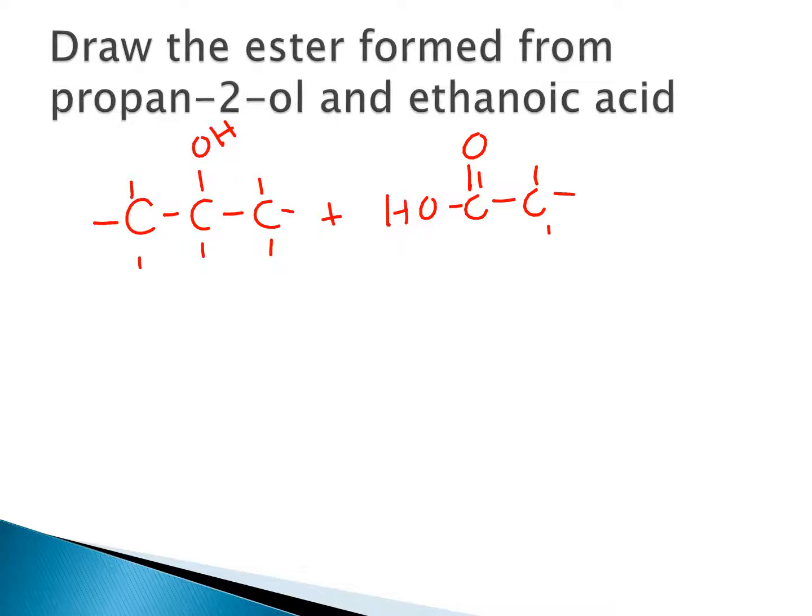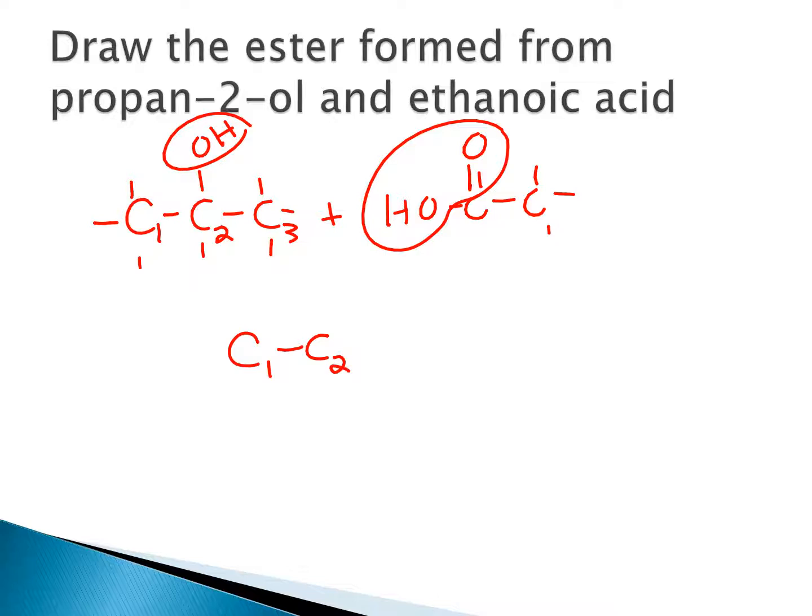Okay, so this functional group and this functional group need to come together. So I'm going to label these carbons 1, 2, and 3 so you can see where they're going. So carbon 3 would then just be coming down here.